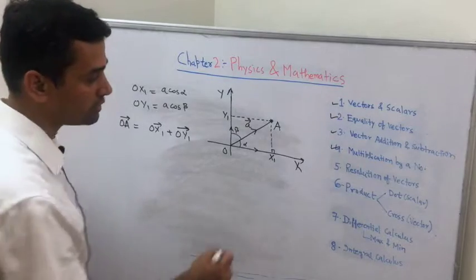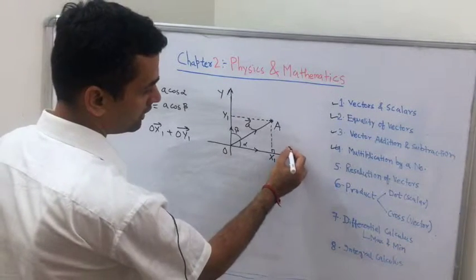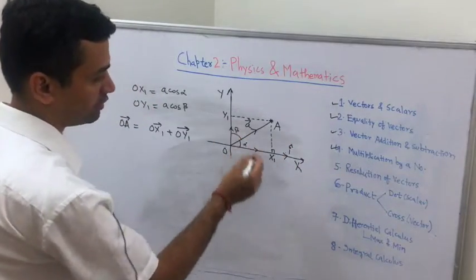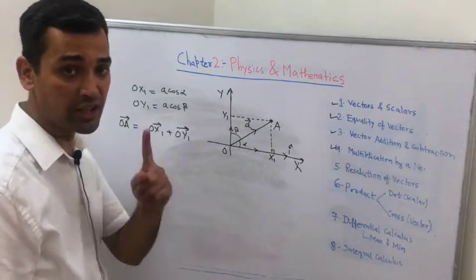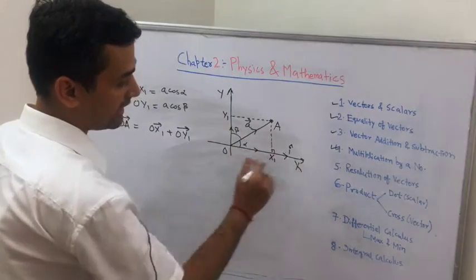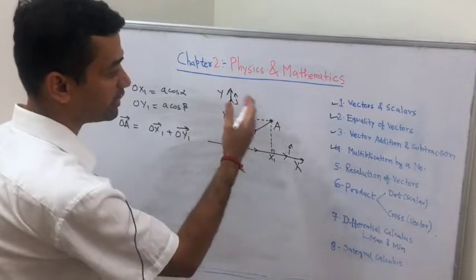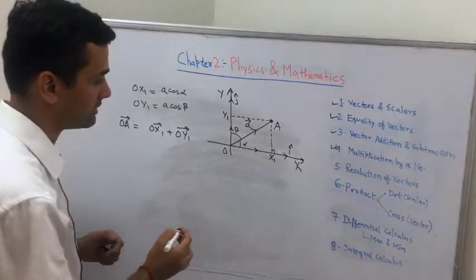On the x-axis we call i a unit vector. A unit vector is a vector which has a magnitude of 1 and direction along the x-axis, and j is a unit vector with magnitude 1 and direction along the y-axis.